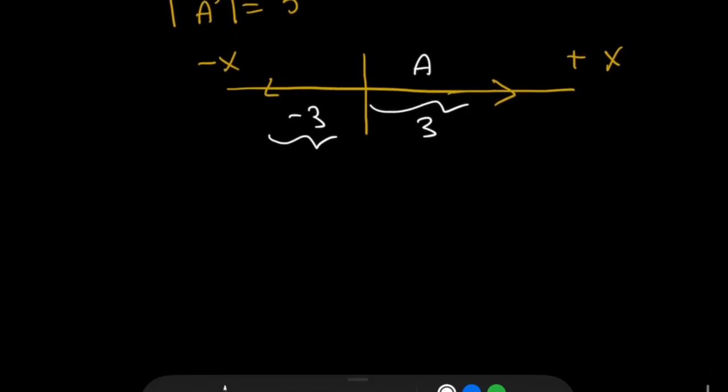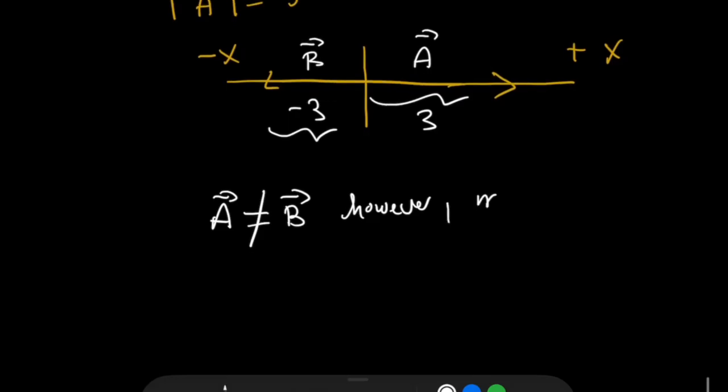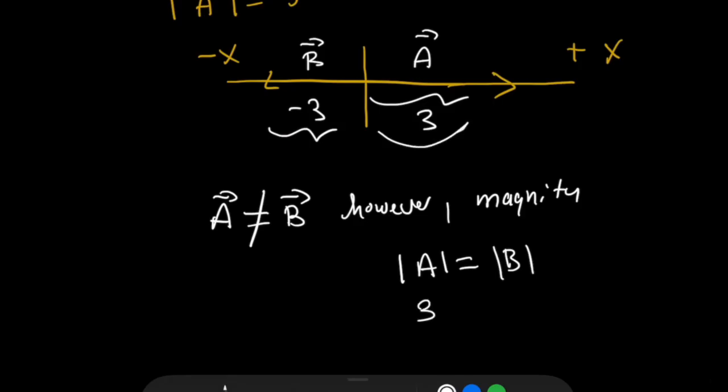This is a vector, this is b vector. A vector is not equal to b vector. However, the magnitude of this one, a equals b. It means that a is 3 magnitude and b is 3 magnitude.